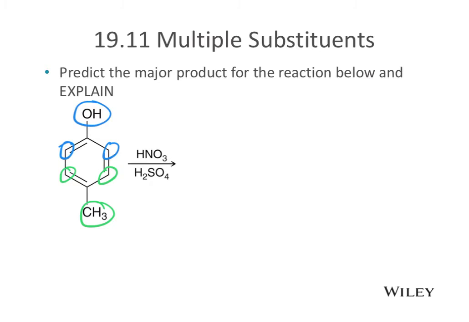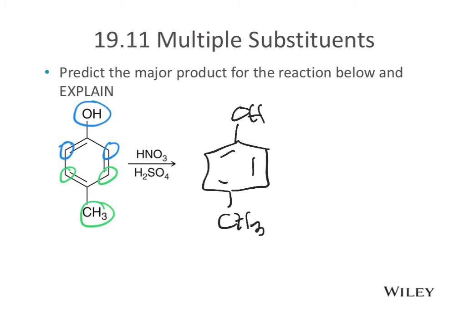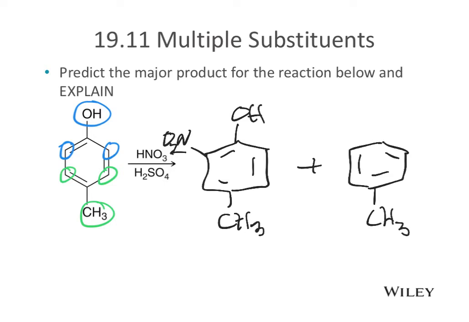So we have to decide, okay, who's ultimately going to win? So I'll draw out the two possibilities here. So I have my benzene ring, I have the OH, I have the methyl, and so one possibility is I could put the nitro ortho to the OH group, and my other product possibility, I could put the nitro ortho to the methyl group.